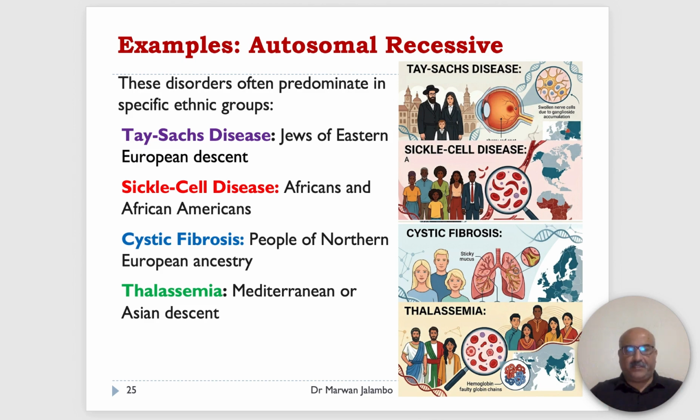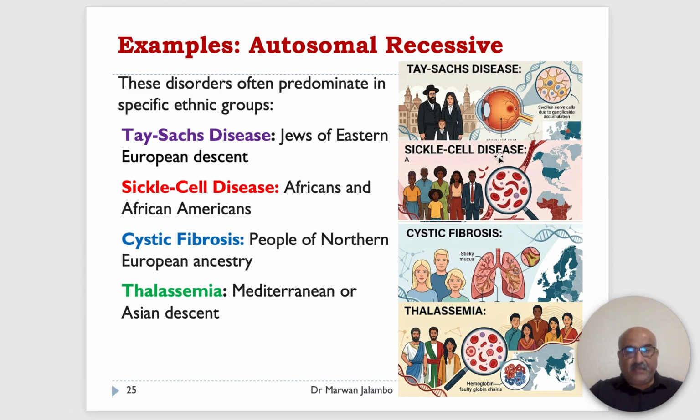For autosomal recessive disorders, because recessive genes rely on two carriers meeting, we often see these diseases cluster in specific populations. Historically isolated populations tend to share more genetic traits, including recessive mutations. For example, Tay-Sachs disease historically predominated among the Jewish population of Eastern European descent.